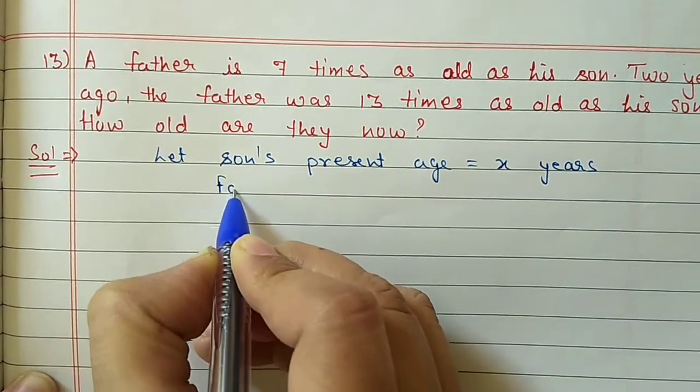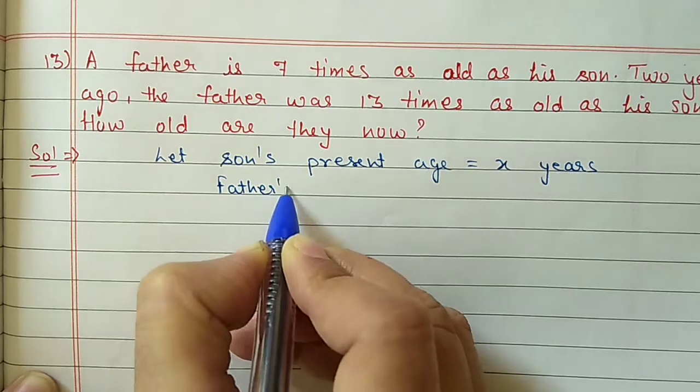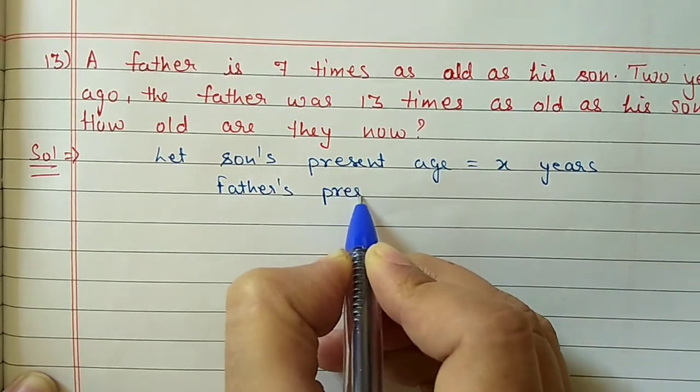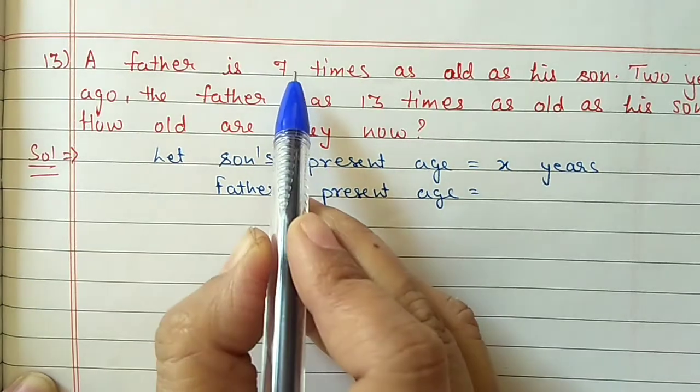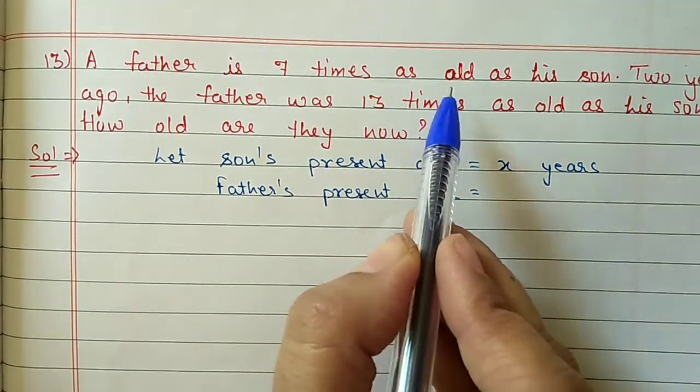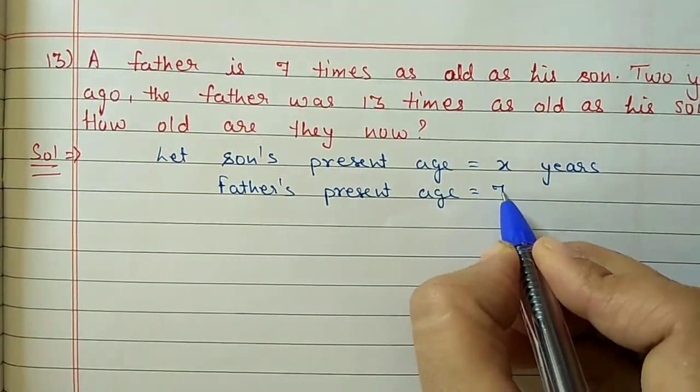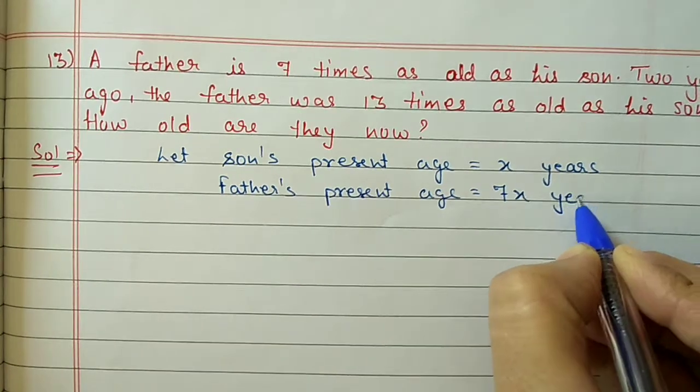Then father's age, in the question it is given father is 7 times as old as his son. So father will be 7x years.